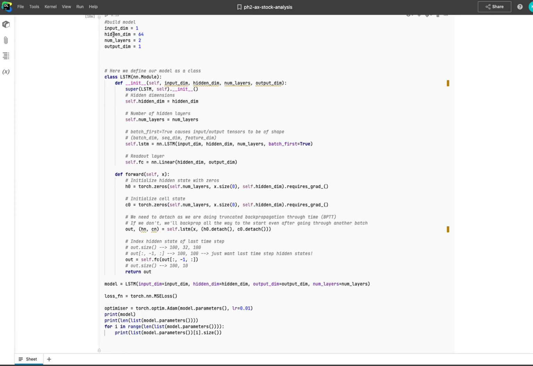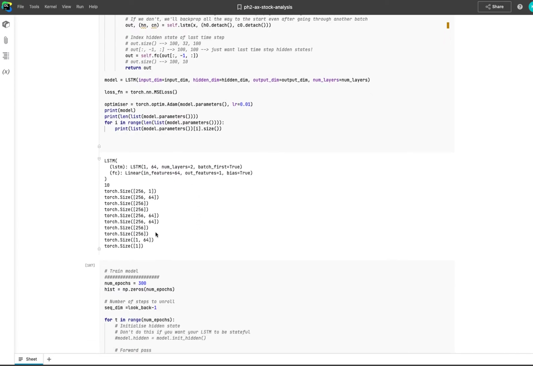And in between that, there's hidden layers as well. So there's 64 dimensions, sorry, and 2 layers in there with a 64 dimensional array, so that it can process all the information. So that's the model built here.